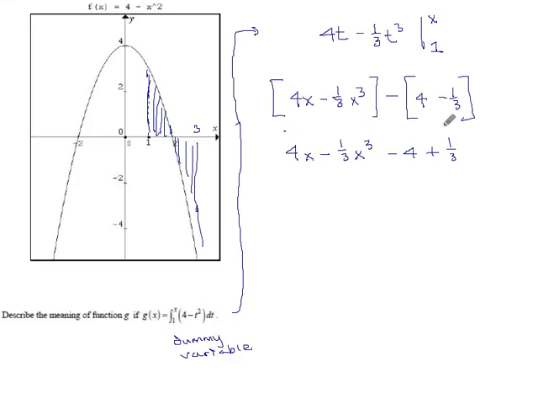And I suppose you could mash these together and put this in descending order. Minus 1/3 x cubed plus 4x and minus 3 2/3, that's 11/3. So this would be our finished answer for g of x.